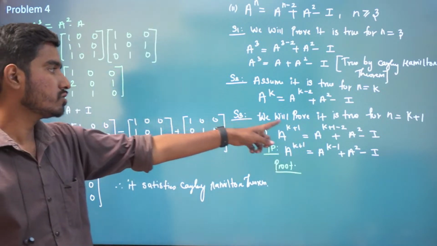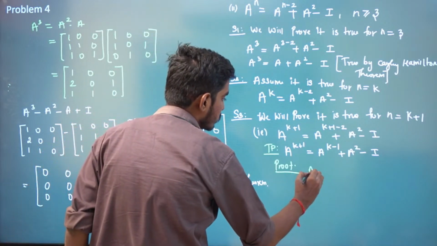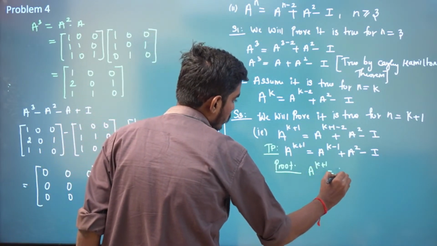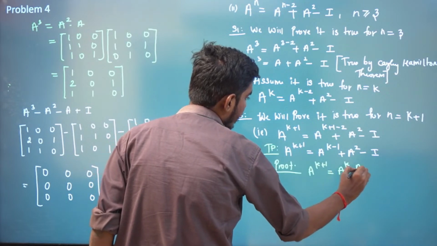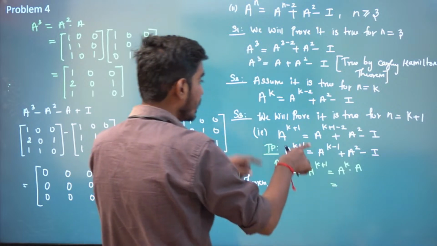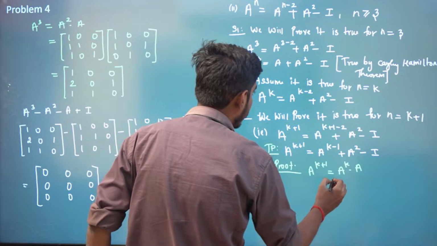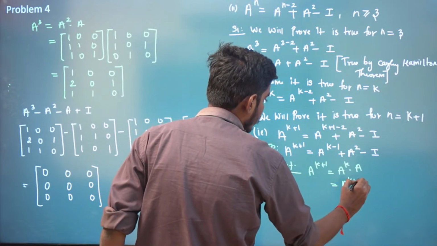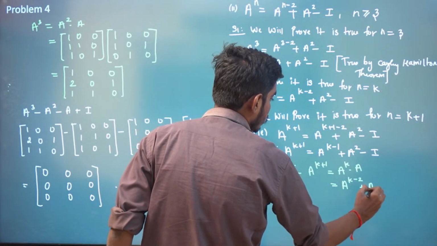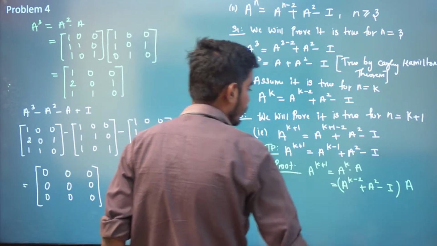We need to prove it is true for n is equal to k plus 1. So we will start with the LHS, a power k plus 1. Can I write a power k plus 1 as a power k into a? Now what is a power k? A power k is this, because we already know it is true for n is equal to k. That means I can write a power k as a power k minus 2 plus a square minus I, and multiply by a.